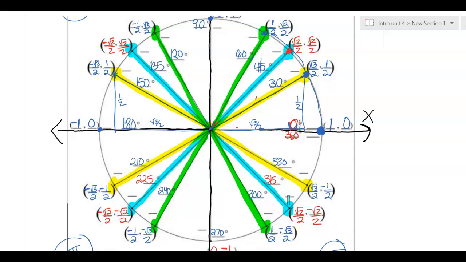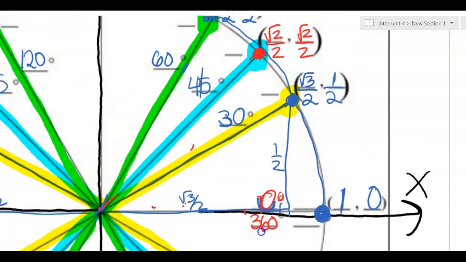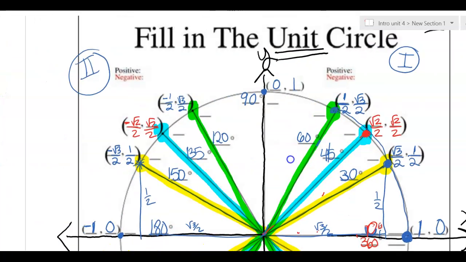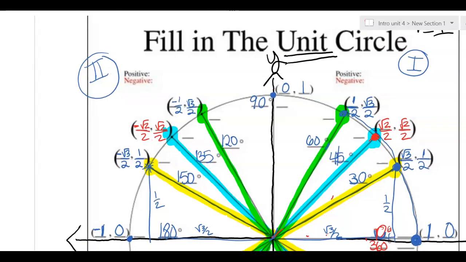Now, everything that's in your first quadrant, that was the first one that we did together, should have a positive x and a positive y, because that's how you plot a point in that quadrant, okay? Everything in your second quadrant, everything over here, should have a negative x, but a positive y. That's how you would plot a point in the second quadrant.